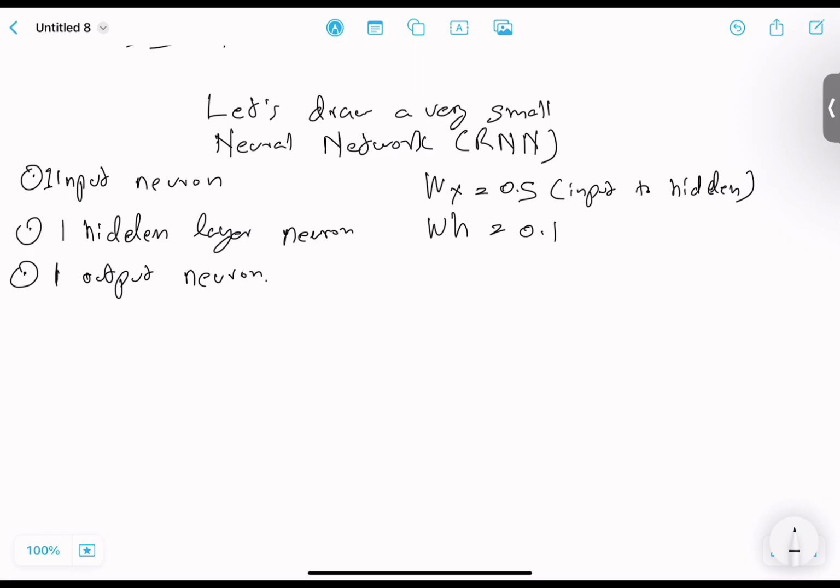Don't think too much about this, I will explain it later. And the weight of y, that means the output layer's weight, the initial weight, right? All right.